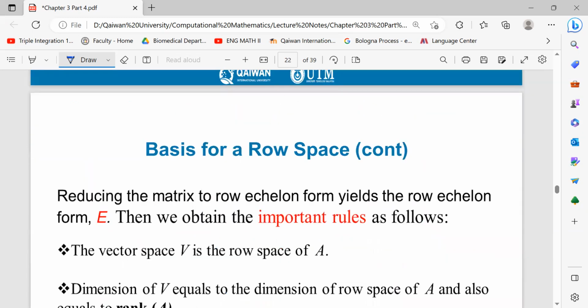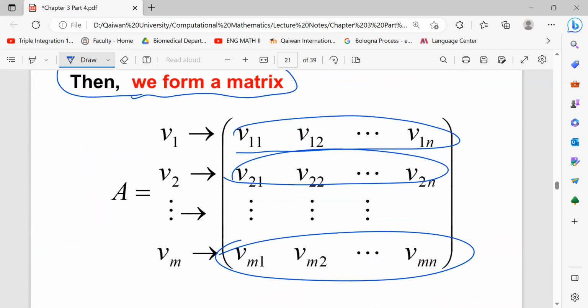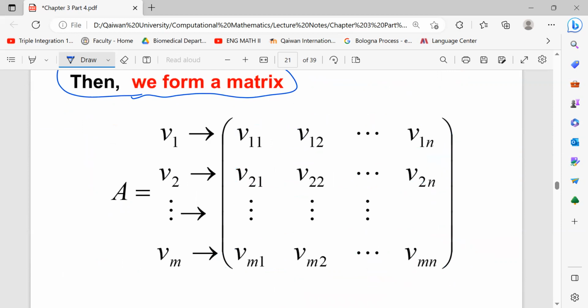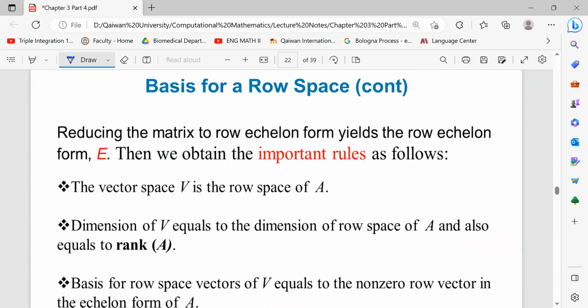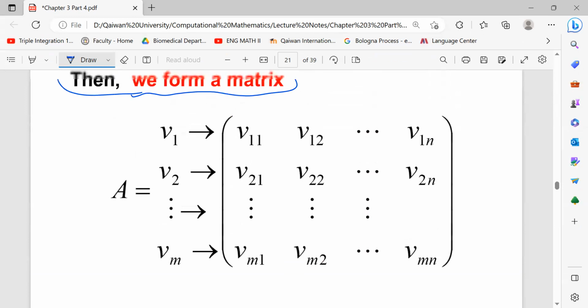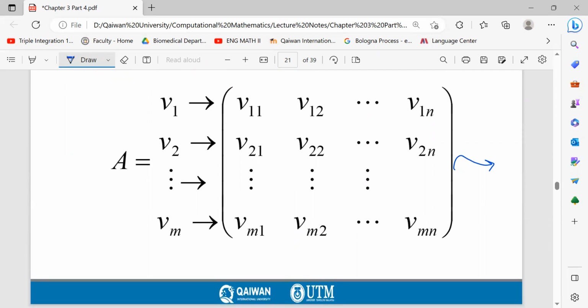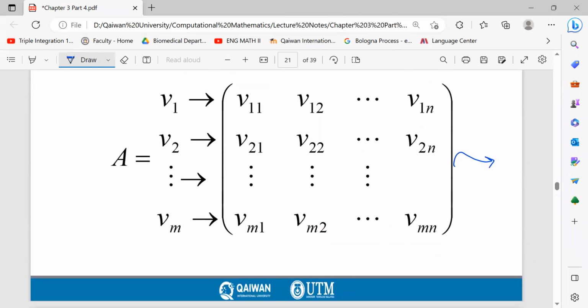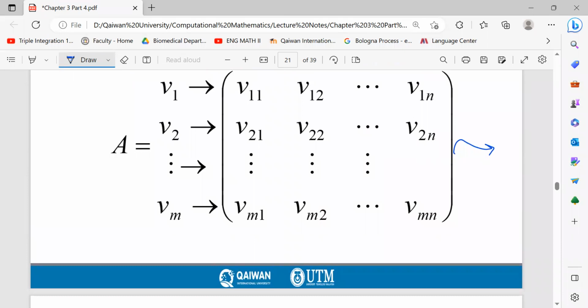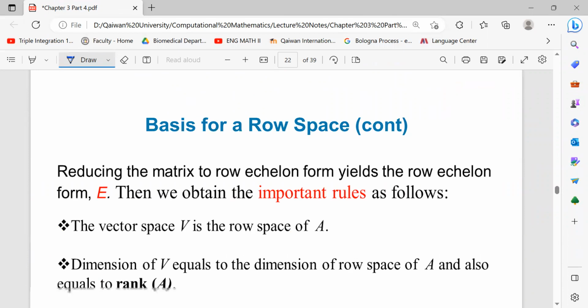Then, for the basis for the row space of the given vector space, we need to first change this to reduced row echelon form, and we do the same as we did before. The bases are the non-zero rows. Look.